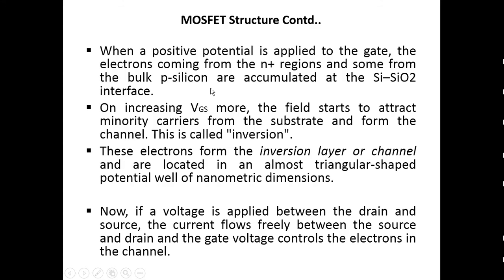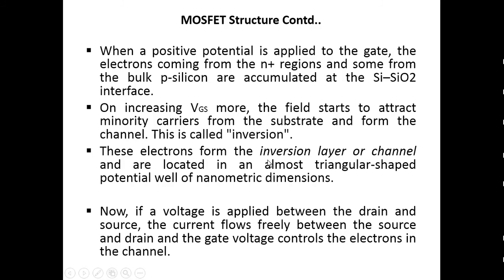So that causes a channel to be made, and this particular channel is called an inversion channel, that is due to the inversion, or that is what is called the inversion. The field produced by the gate source voltage attracts the minority carriers from the substrate, that is the p-type substrate, and forms the channel, and this is what is called the inversion.